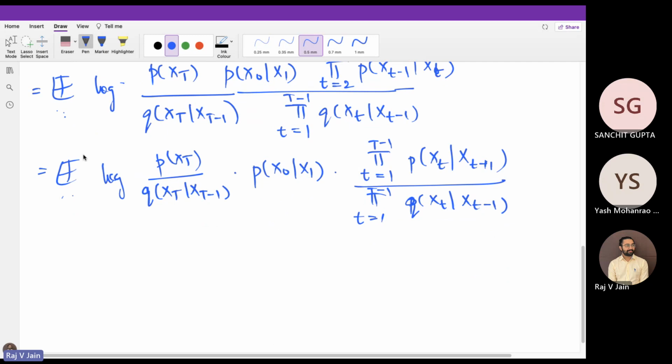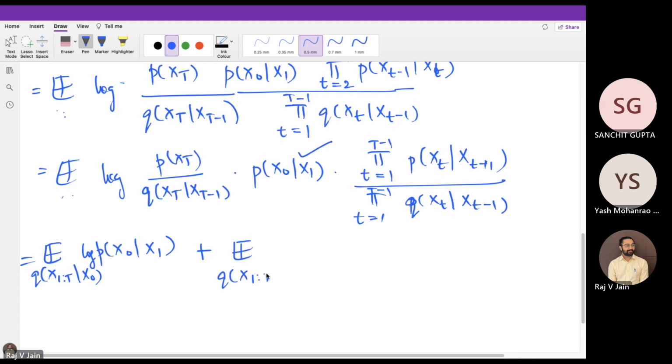So now we'll separate these terms out. So log of multiplication becomes addition, and apply the expectation. Now what will come out is three terms. Expectation over this quantity, by the way, just to not forget, log of p of x naught given x1, right? This term. Then plus expectation, same, log of p of x T given q of x T given x T minus 1, correct?